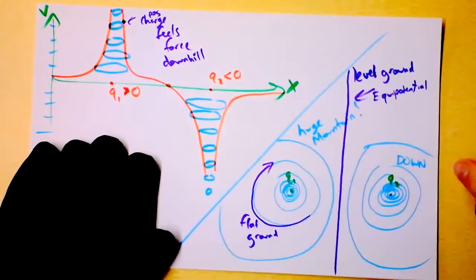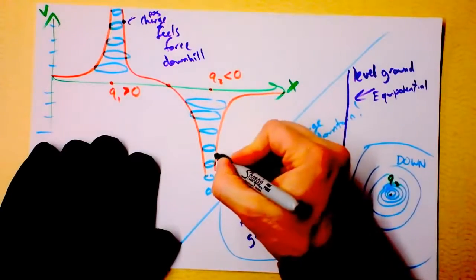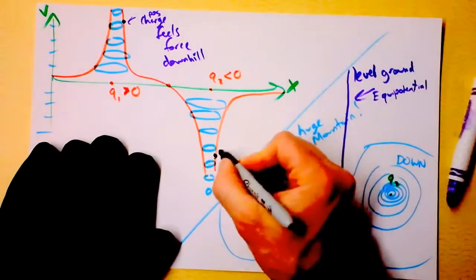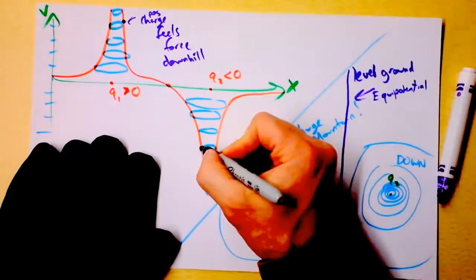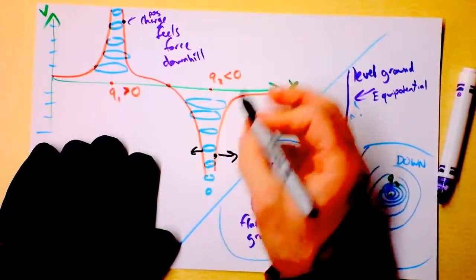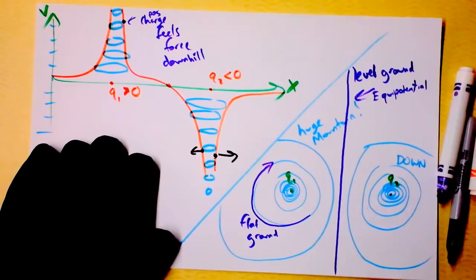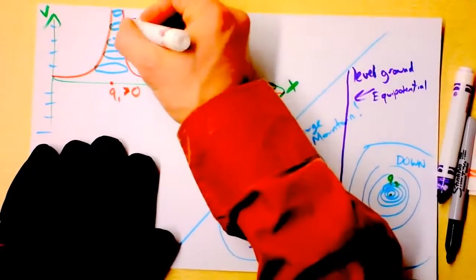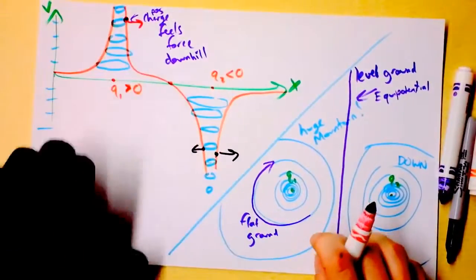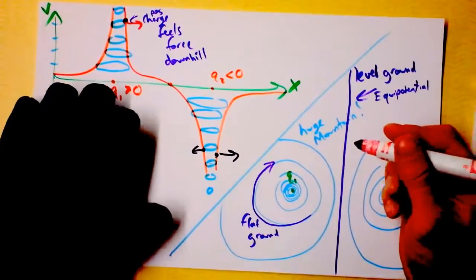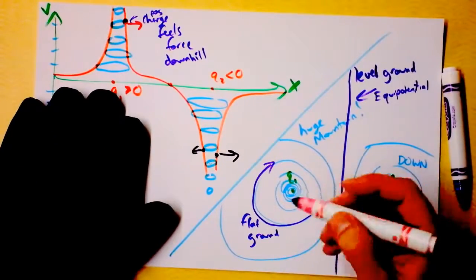So if I put a negative charge right here, I guess I'll go black for that. Put a negative charge right here, that sucker will feel a force that direction. And if I put a negative charge right here, that sucker will feel a force that direction. But if I put a positive charge right here, that sucker will feel a force that direction. It will want to go downhill. Similarly over here, now, let me be a little bit more careful.